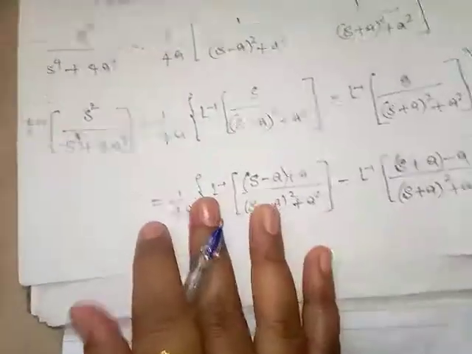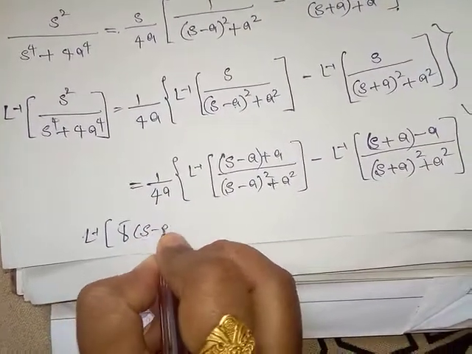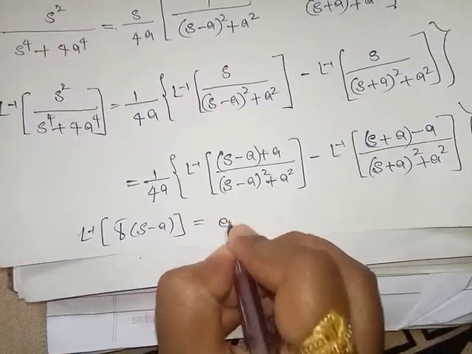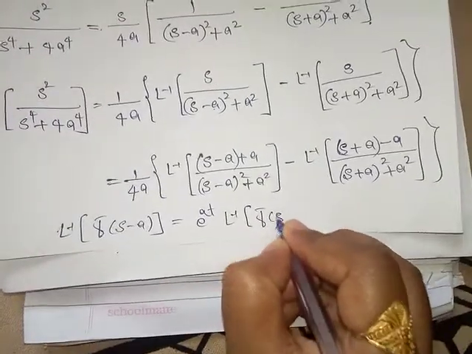We know that L inverse of f bar of s minus a is equal to e raised to at into L inverse of f bar of s.